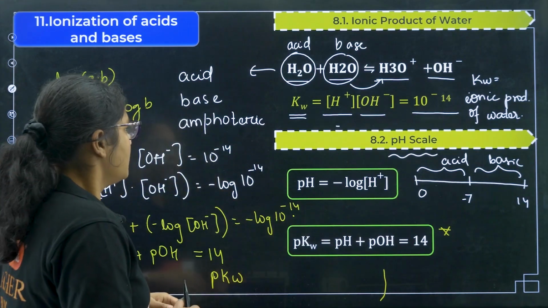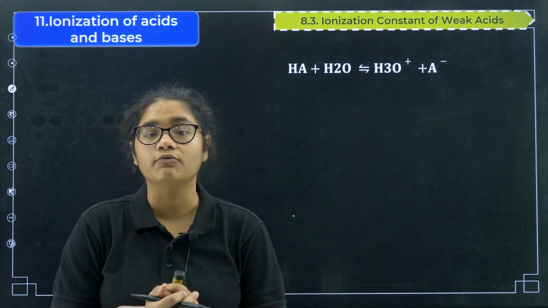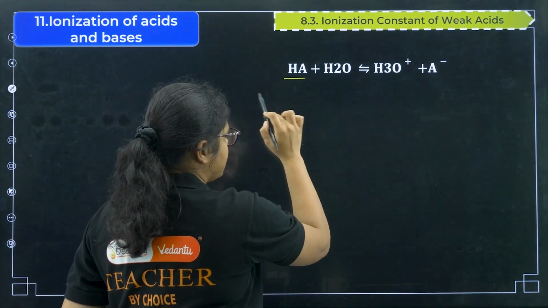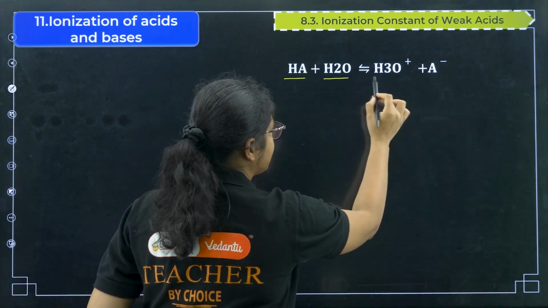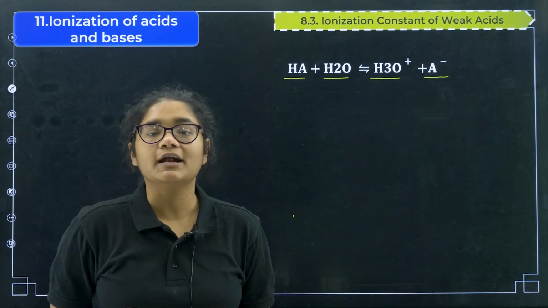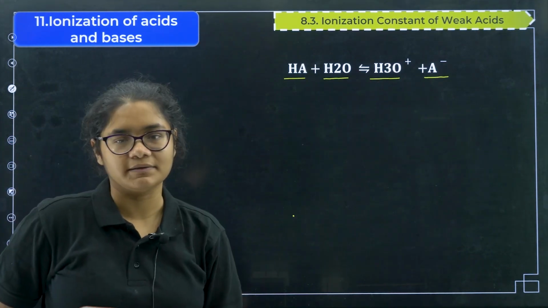Fine. Now we'll go to ionization constant of weak acids. Any weak acid, suppose HA, when you keep it in water, it gives H3O+ and A-, right? This is a weak acid, so it will not dissociate completely, which is why we have an equilibrium symbol here.